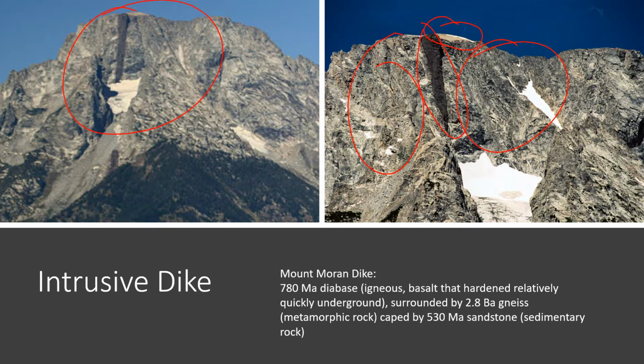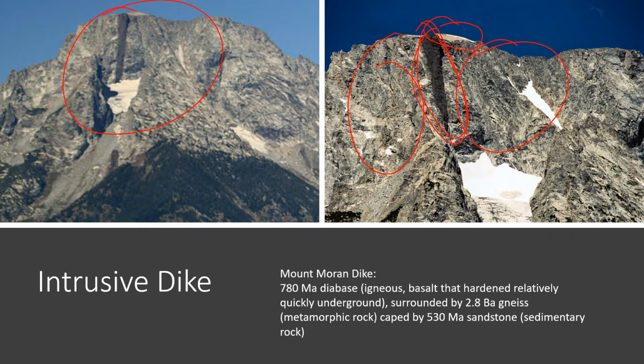This basalt hardened, that's what you're seeing here, this black region, creating an igneous rock called diabase. It's basalt with slightly larger crystals in it because it cooled more slowly than basalt that hardens when it comes to the surface.